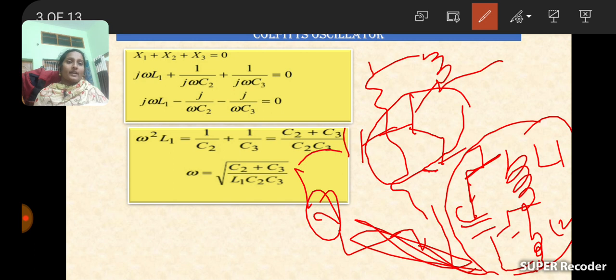Coming to the biasing, if the emitter base junction is forward biased and the collector base junction is reverse biased, then the transistor operates in the active region. Now the operating point is independent of temperature variations and transistor parameter variations.